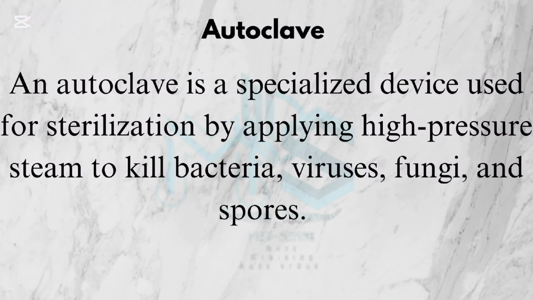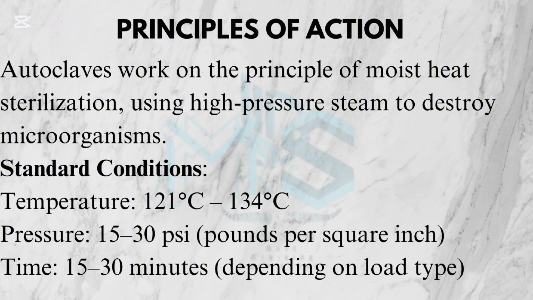An autoclave is a specialized device used for sterilization by applying high-pressure steam to kill bacteria, viruses, fungi, and spores. Principles of an autoclave: it works on the principle of moist heat sterilization using high-pressure steam to destroy microorganisms.